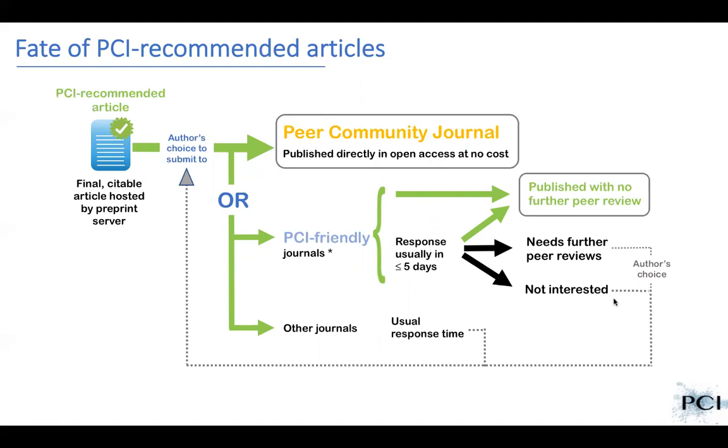If the authors are not satisfied by the answer, they can withdraw their article and submit it to a different journal, including the Peer Community Journal. With this submission loop process, an article that's been recommended by PCI has a 100% chance of being published, and possibly very quickly.